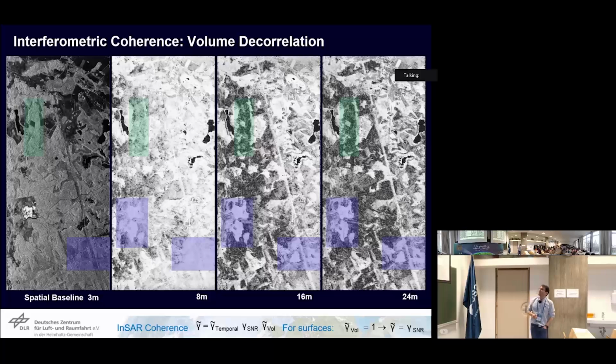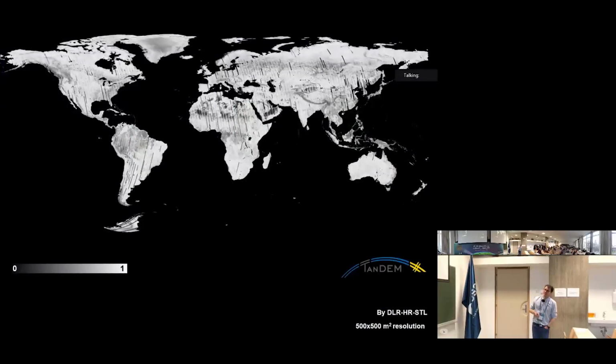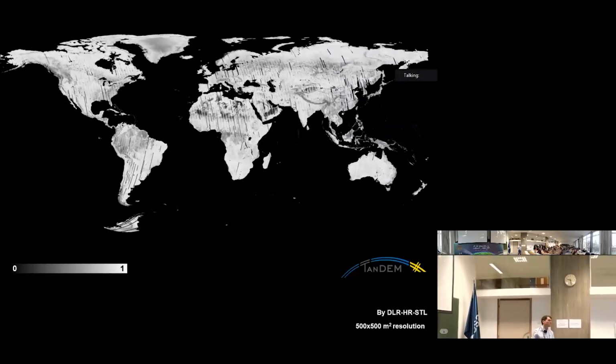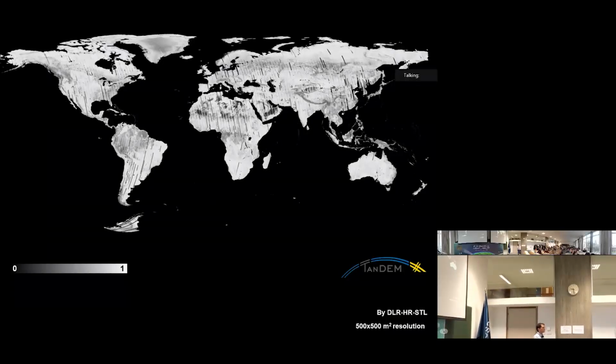Okay, then we move ahead. This is something that, surprisingly, we saw also at X-band. This is a global coherence image obtained from TanDEM-X coherences. At X-band you expect that it doesn't penetrate. Now you calculate this coherence. Can you tell me where the coherence goes down?